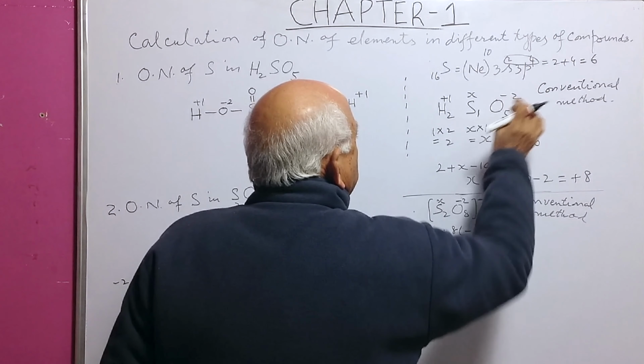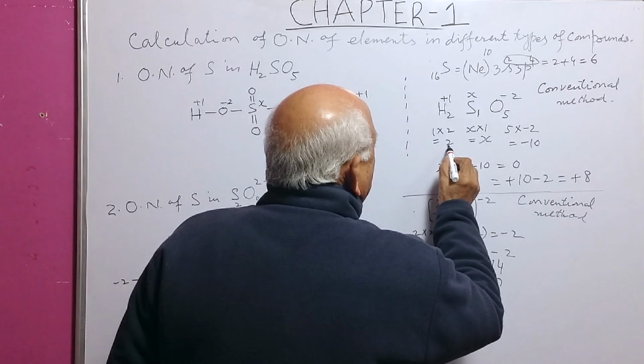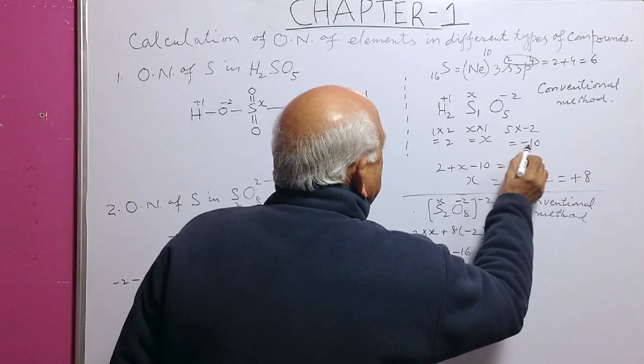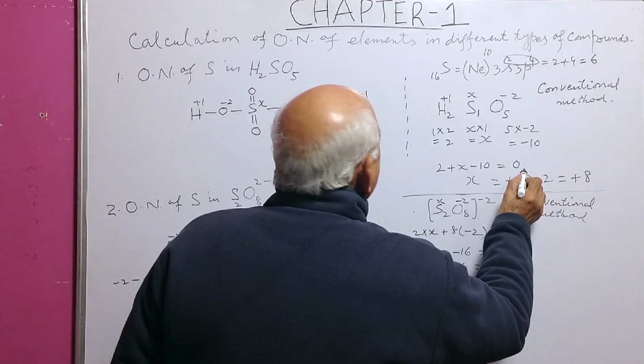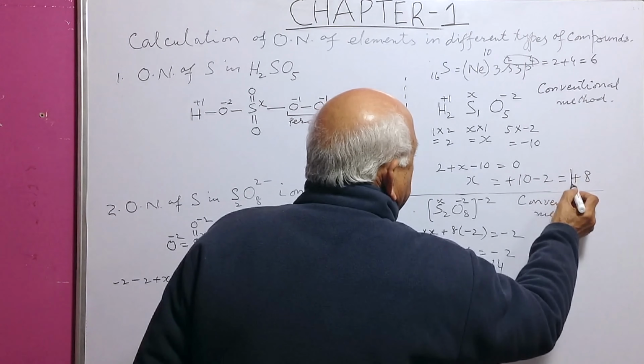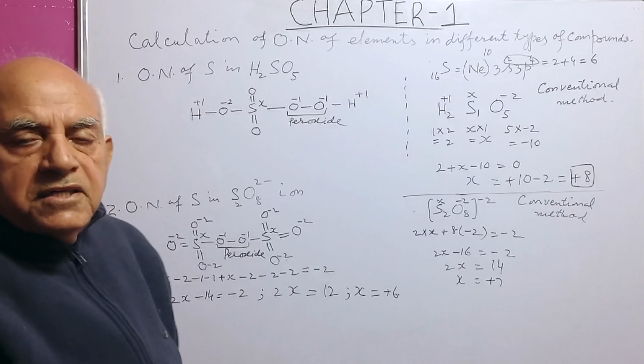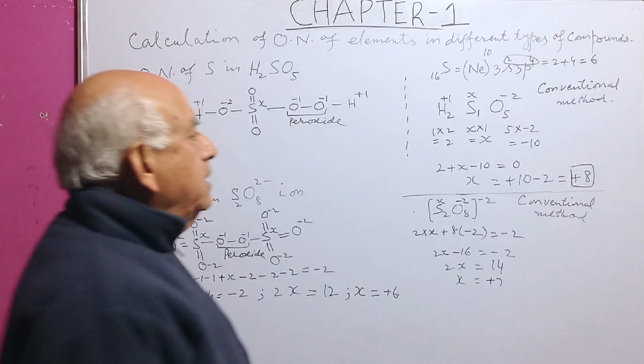Then 5 into minus 2 is minus 10. Add them. 2 plus X minus 10 is equal to 0 because the compound is neutral. X is equal to plus 8. By conventional method, the oxidation number of sulfur comes out to be 8.